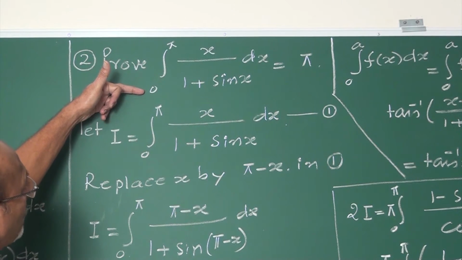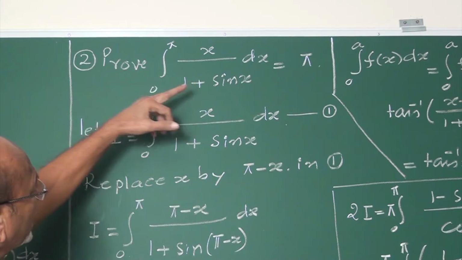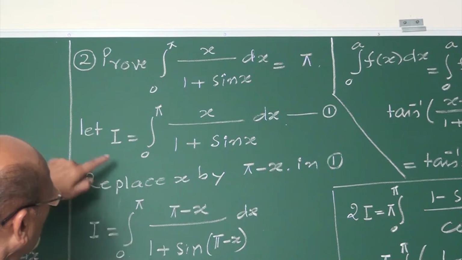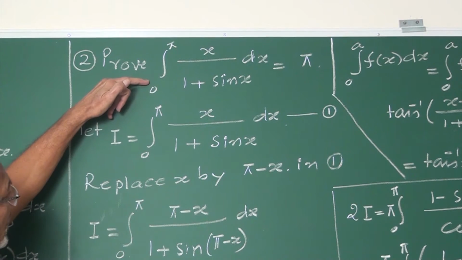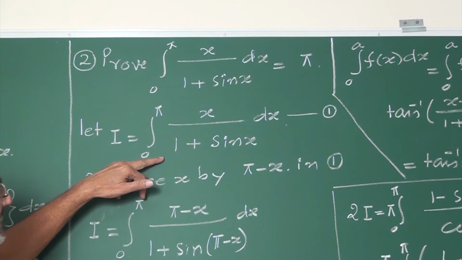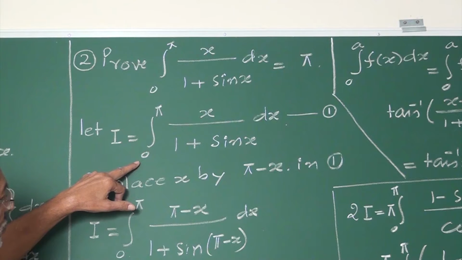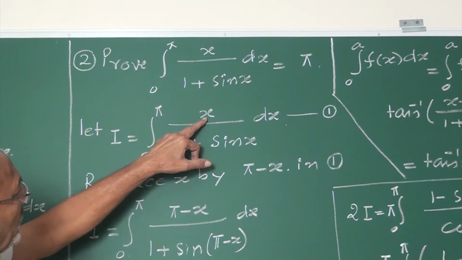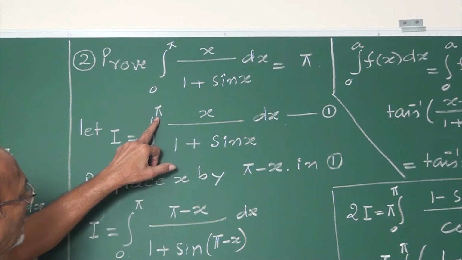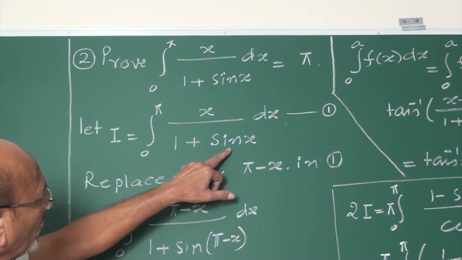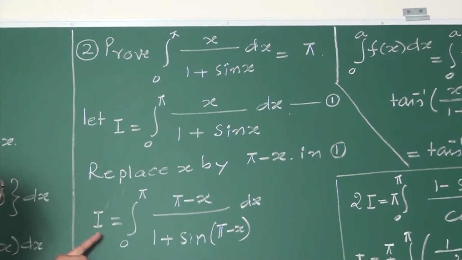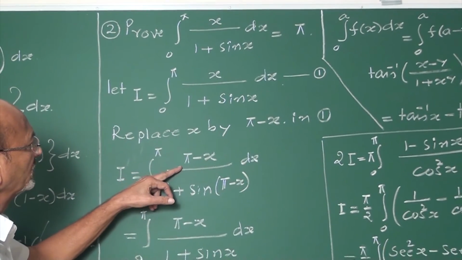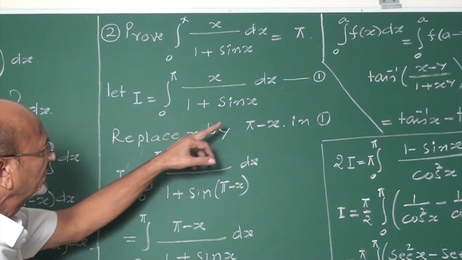Prove that the integral from 0 to pi of x upon (1 plus sin x) dx is pi. Let I equal this integral. Apply the theorem. The lower limit is 0, therefore replace x by the upper limit minus x, pi minus x. So I equals the integral from 0 to pi, replacing x by pi minus x.